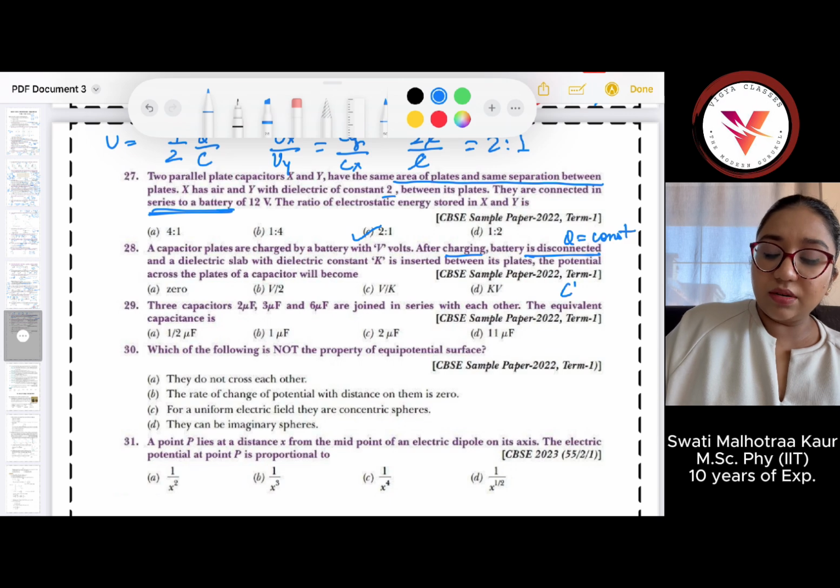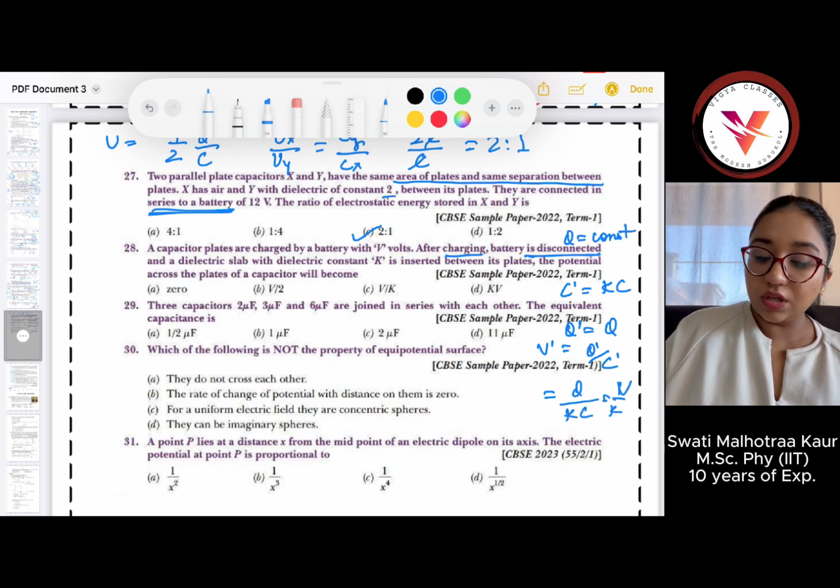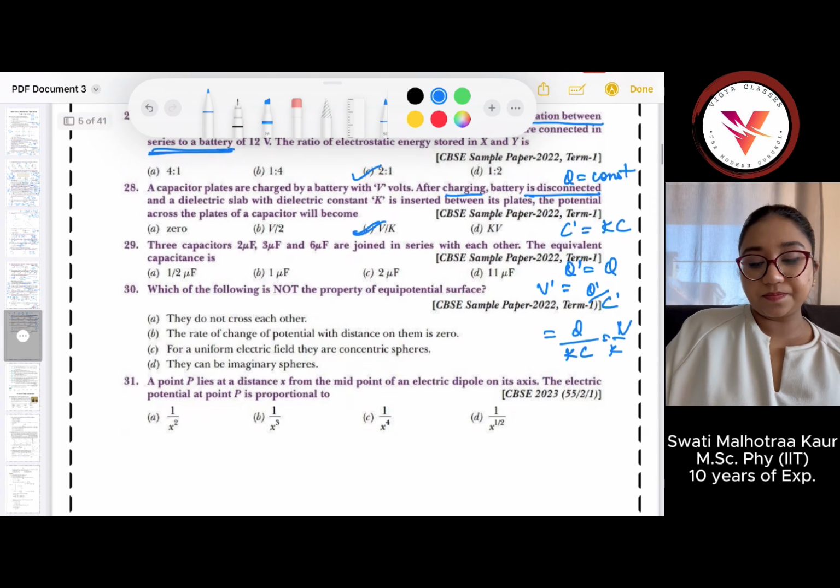C will become kappa times C, Q will remain Q. So V dash is equal to Q dash by C dash. Q dash is Q, C dash is kappa C, that is 1 by kappa times the original V. So it's V by kappa.